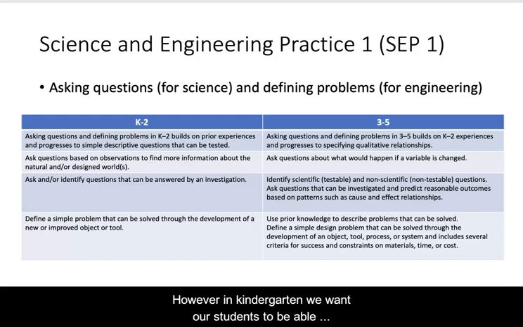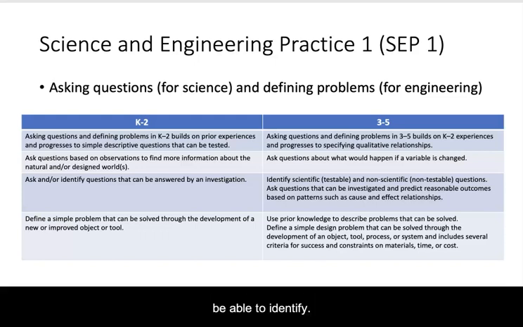However, in kindergarten, we want our students to be able to ask and or identify questions that can be answered by an investigation. That means that we might ask our students to contribute a whole bunch of questions to the board around a particular phenomenon. But in 3rd to 5th grade, we want our students to be able to not only throw out a whole bunch of questions, but then be able to identify scientific testable and non-scientific testable questions as well.